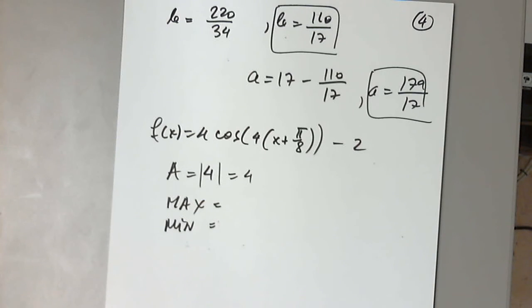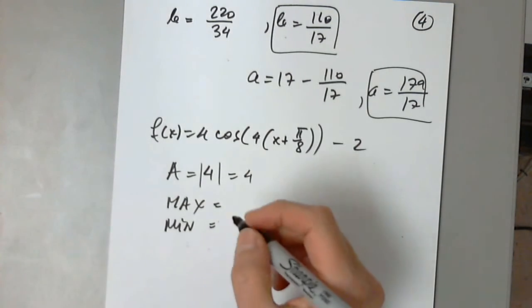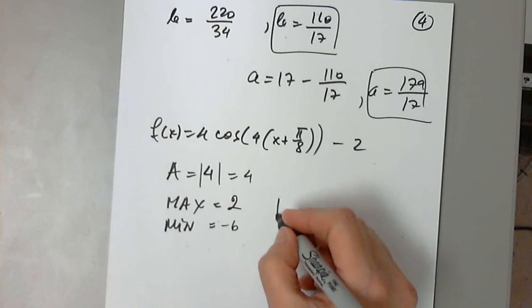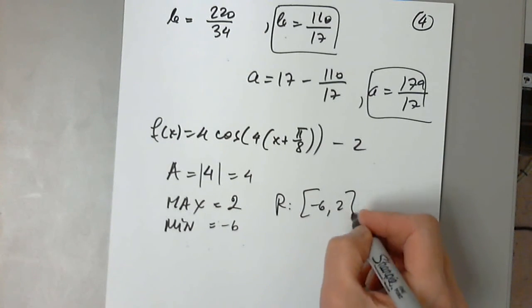But we have to multiply by 4, right? So it's going to be -4 and +4. But now everything goes down 2. From -4 to +4, everything goes down 2. So it's from -6 to +2. So -6, +2. So I determine the range right away.